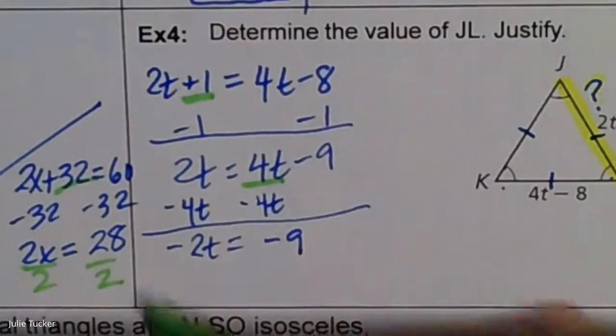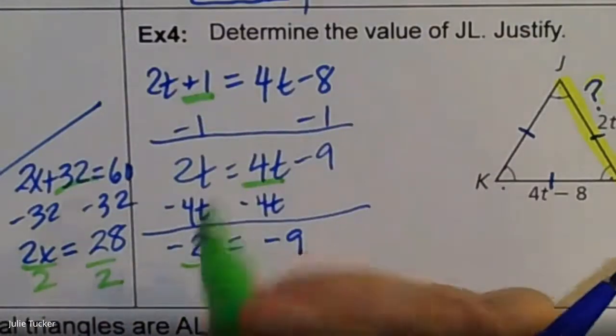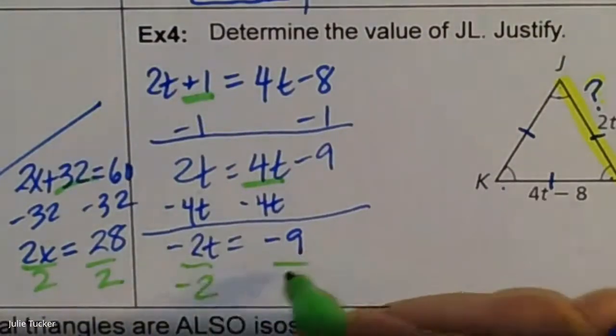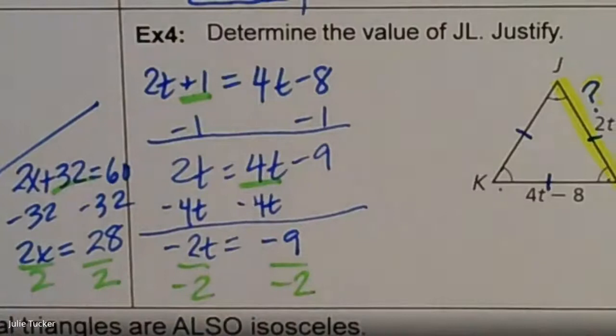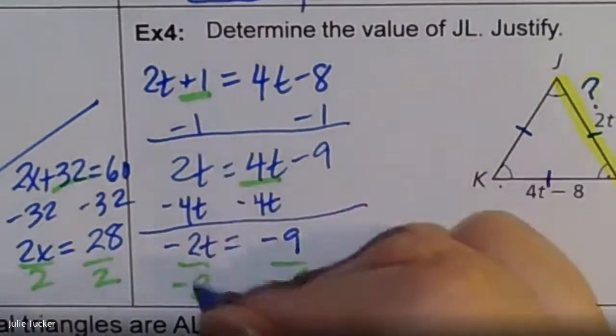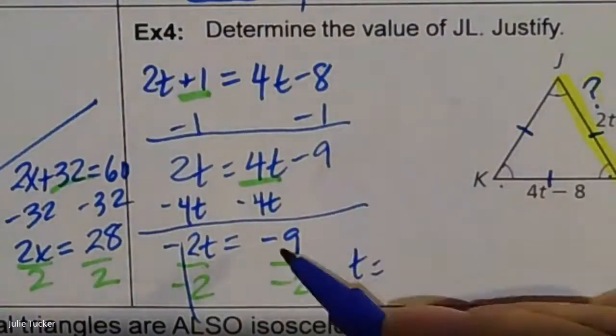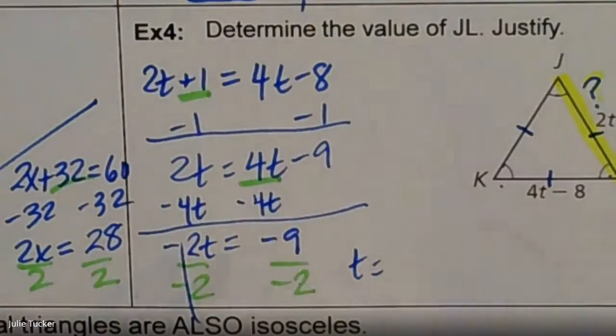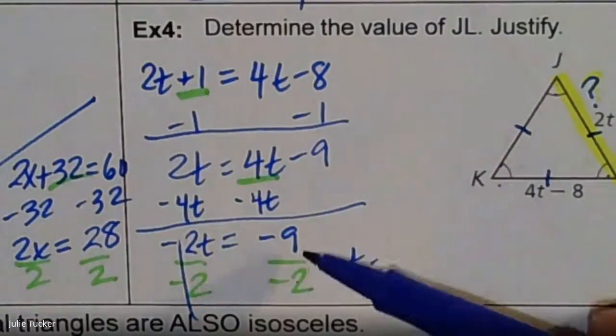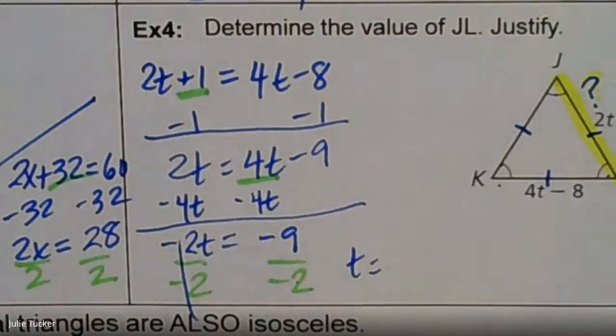Did you notice that this is going to have a fraction for the answer? So that eliminates, and I get t equals negative 9 divided by negative 2. So basically, what is 9 divided by 2? What's half of 9?